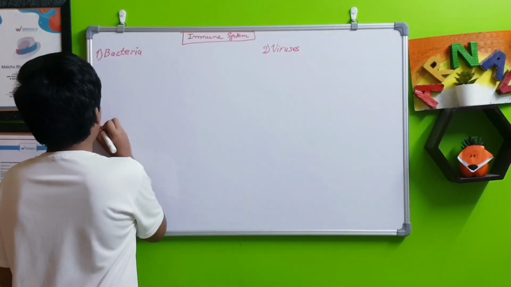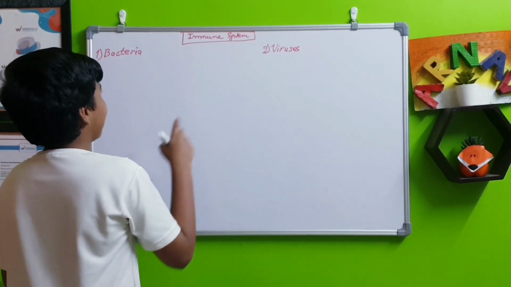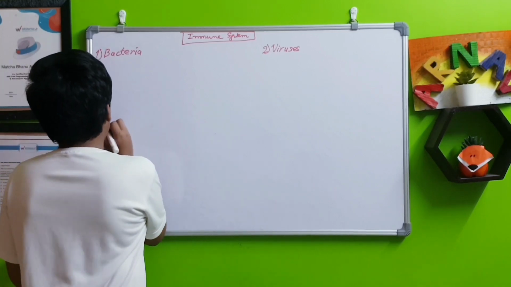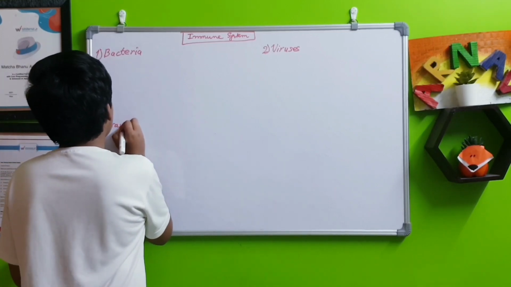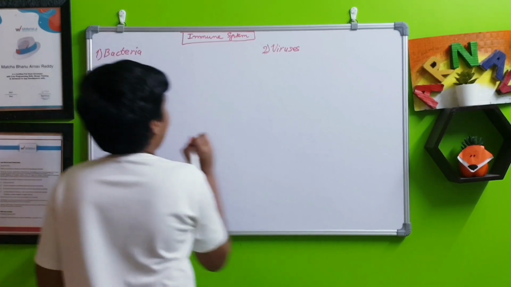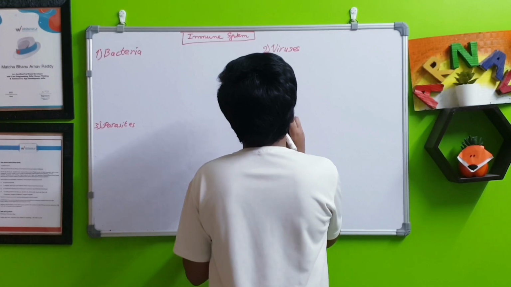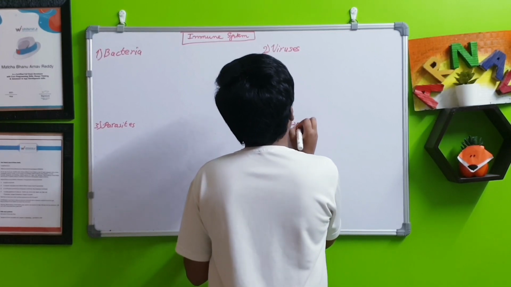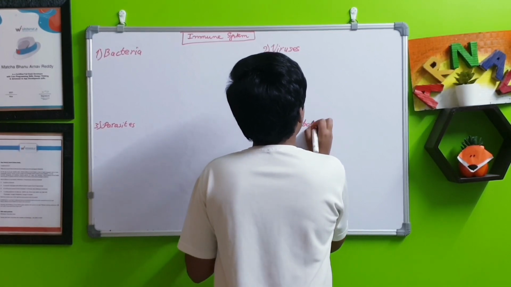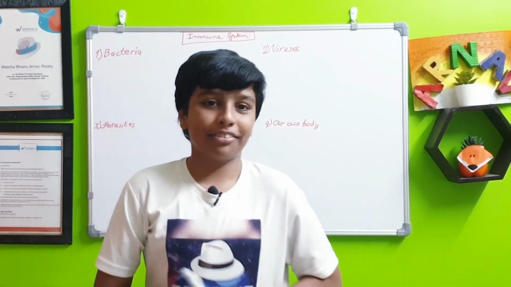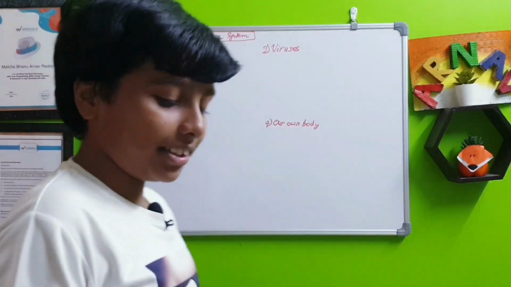If you're too much into computers, then understand the differences between them. The next is parasites. And finally, the 4th place is our own body. Sometimes when autoimmune diseases happen, or even cancer, is the 4th one. So let's start explaining.